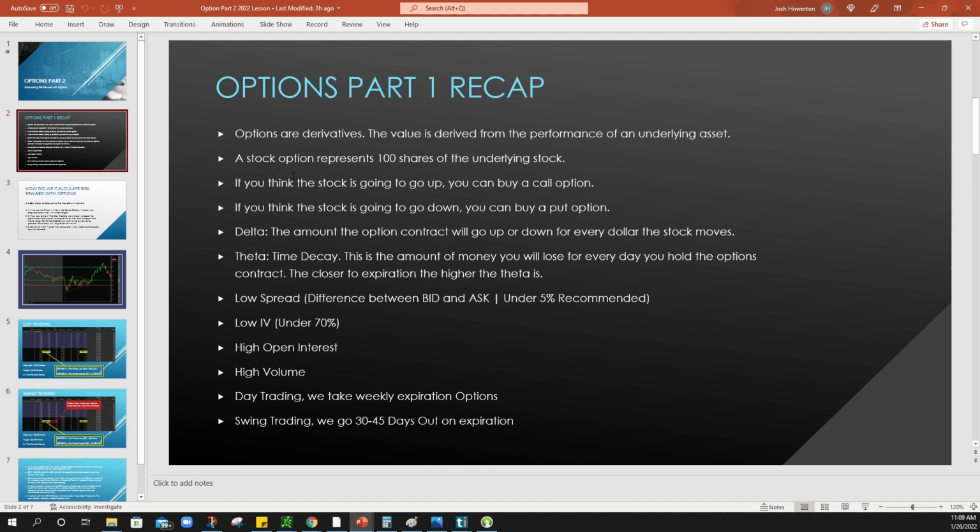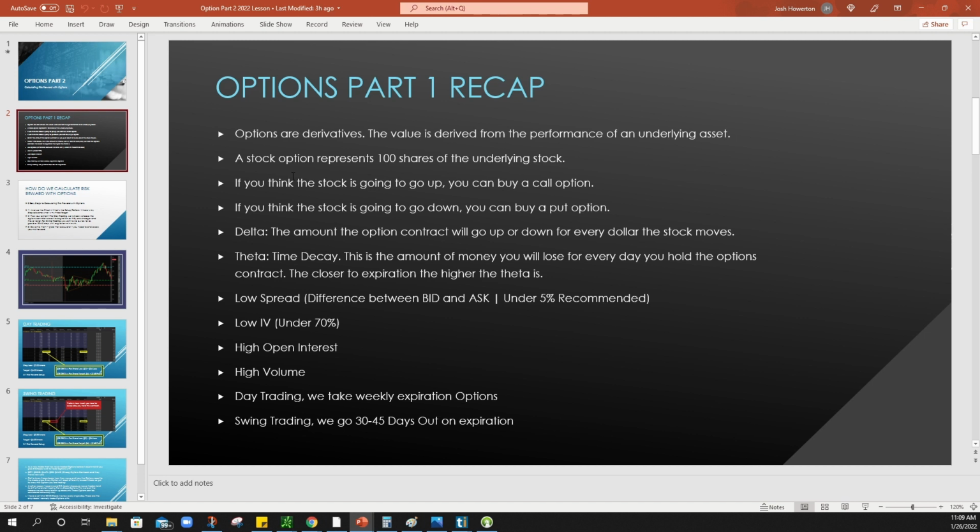So again, the option is going to increase or decrease in value based on what the underlying asset, the stock, is doing. A stock option represents 100 shares of the underlying stock. If you think the stock is going to go up, you buy a call option.